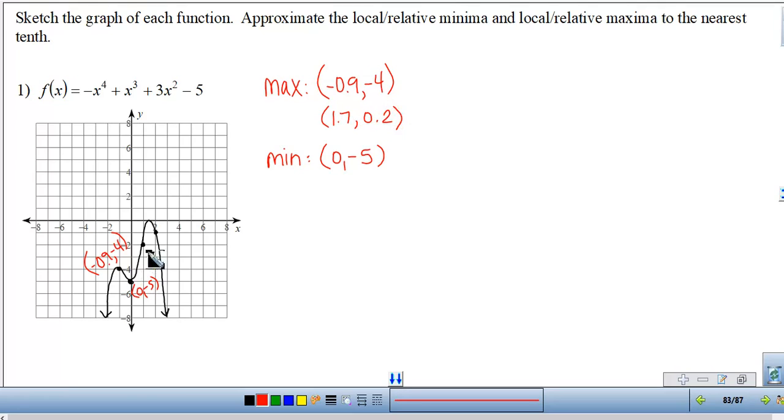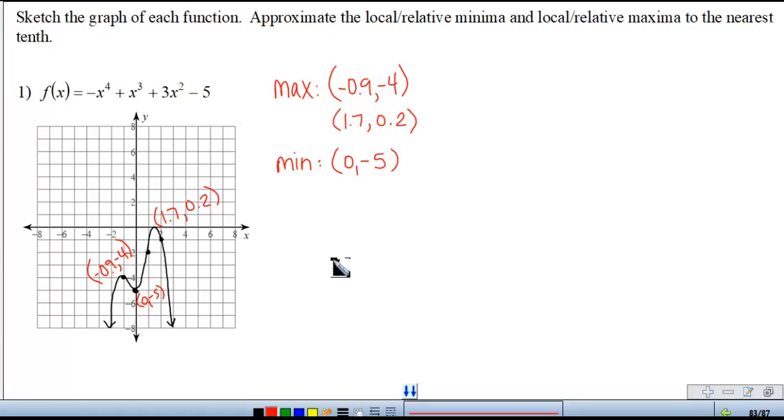Now, at the beginning of this lesson, I talked about absolute maximums and minimums. This particular problem does not ask us to find the absolutes, but I do want to talk about what they are. A relative or local maximum or minimum just means that this is the highest point in this region of the graph.